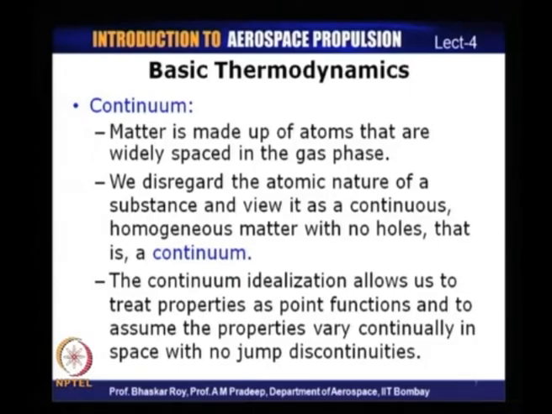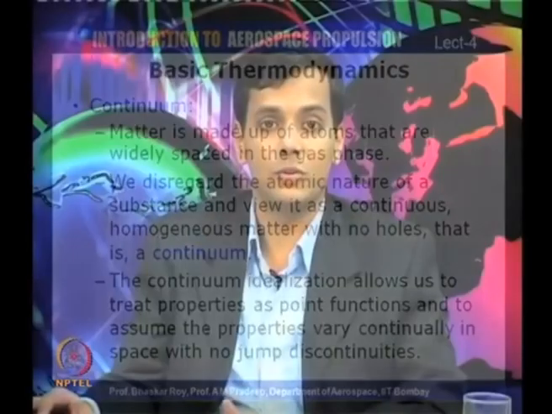What a point function is and its implications we shall understand a little later when we look at properties and systems. So, the continuum approach is what we are going to follow in this course, because we are looking at the classical thermodynamics approach and not the statistical thermodynamics approach.